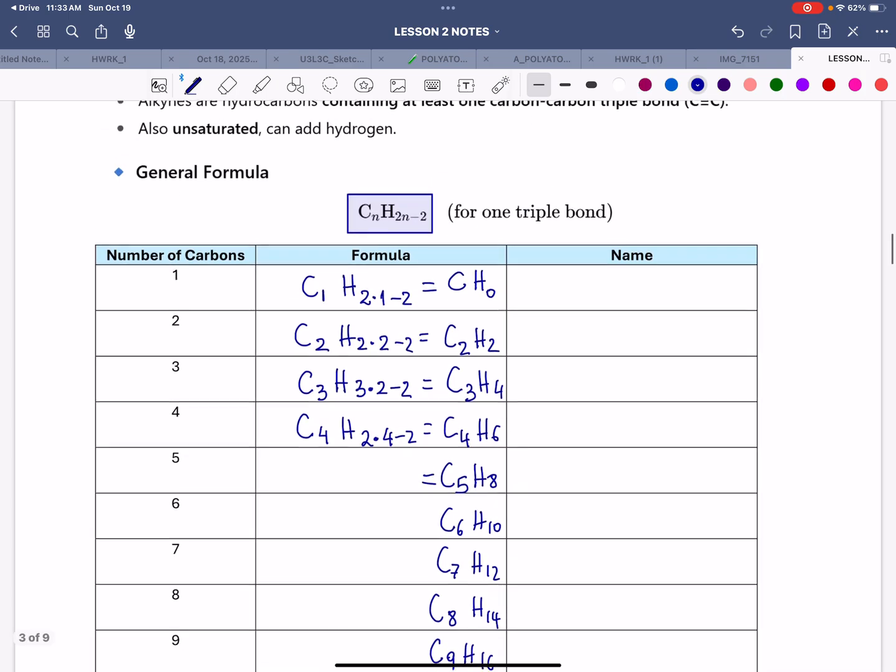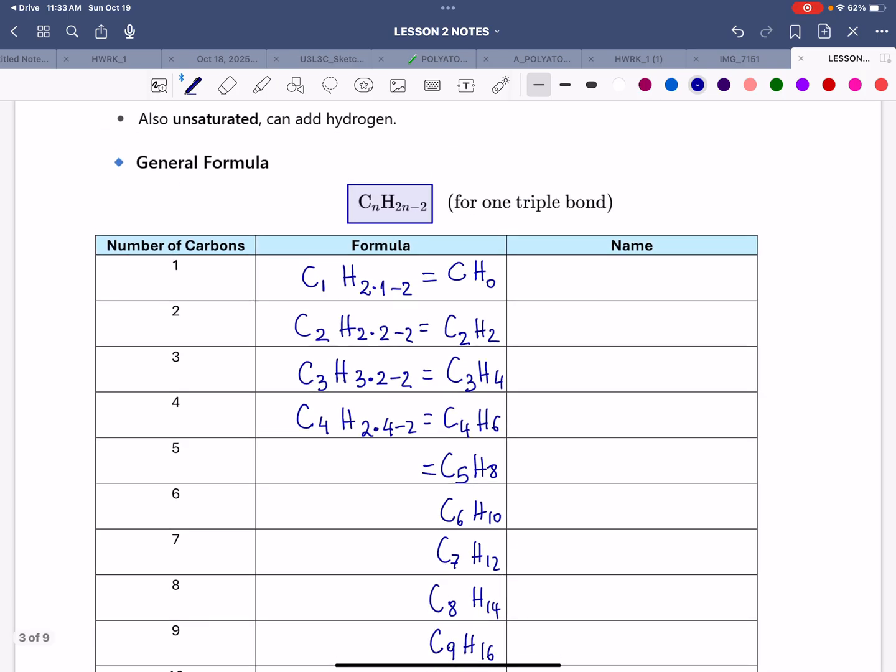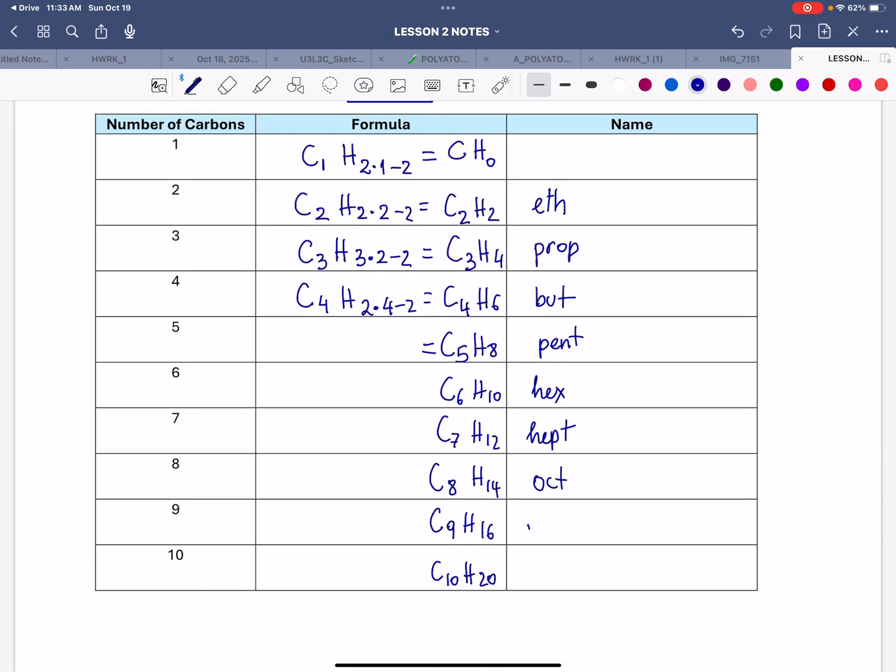Now let's start with the naming. Here we have just carbon, so this is not going to work. So I'm going to continue with 2 carbons: eth, prop, but, pent, hex, hept, oct, non, and dec.